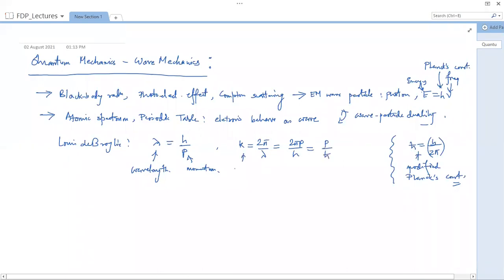And this is the wave number. Or we get momentum p equal to h bar k in vector notation, and k is also called the wave vector.